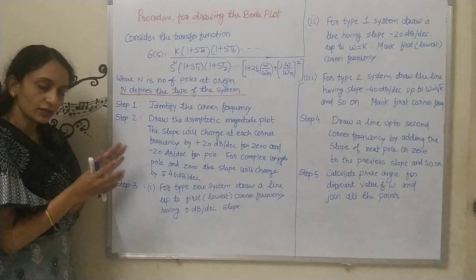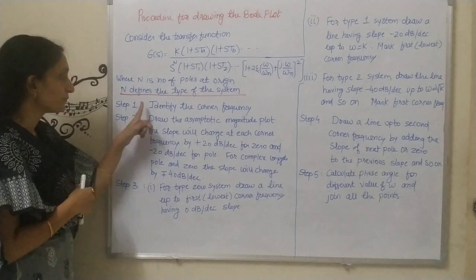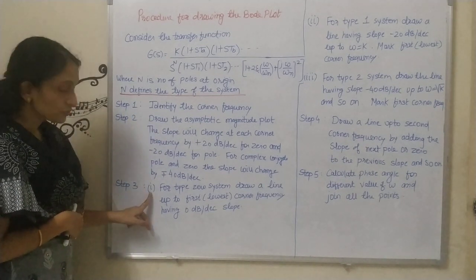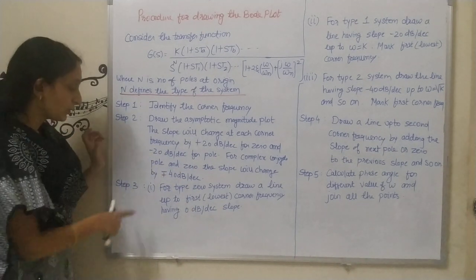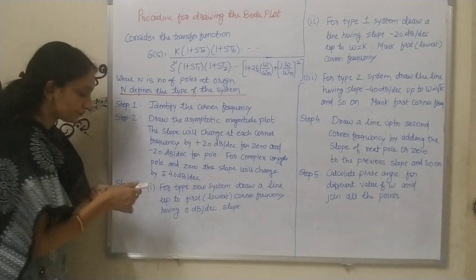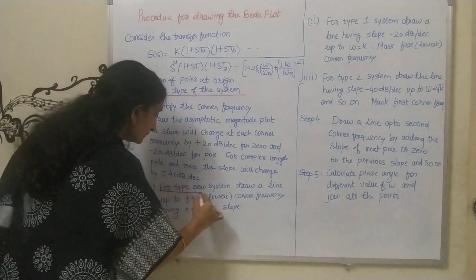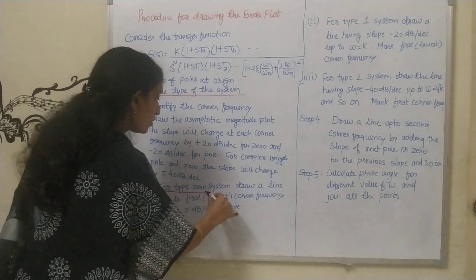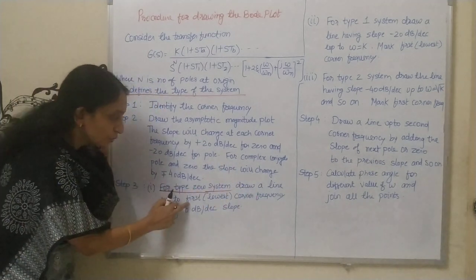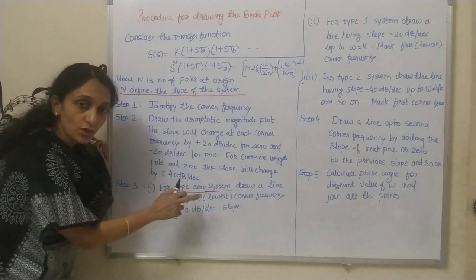Step 3. In step 3, actually you have to decide from the type of the system. Here I have shown or divided in 3 parts for step 3: 1, 2, 3. Look at this. For type 0, I am underlining. So for type 0 system, draw a line up to first, that is lowest corner frequency.